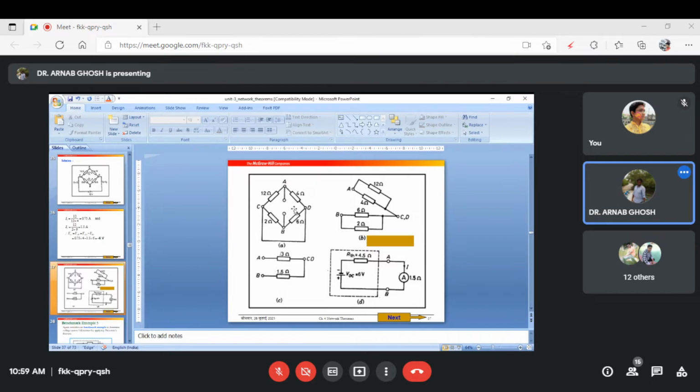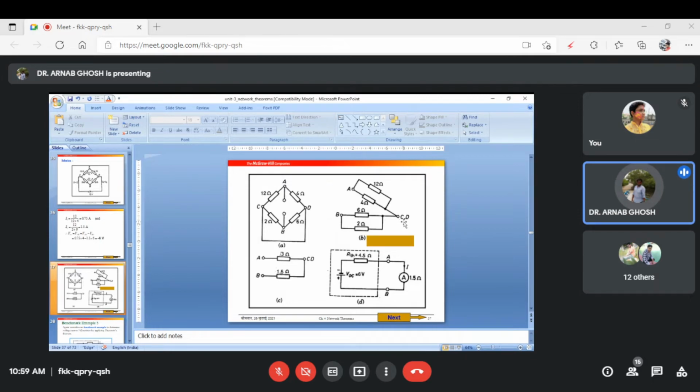So A to C and A to D, these two branches are parallel, 12 ohm and 4 ohm, this part of the circuit. Similarly, B to C and B to D, these two are parallel, 6 ohm and 2 ohm.